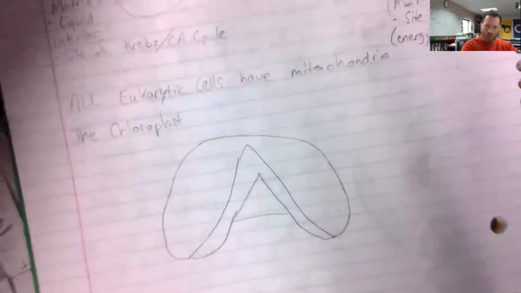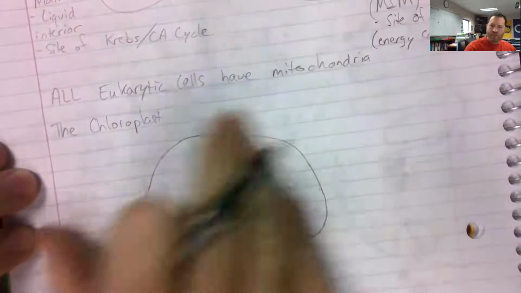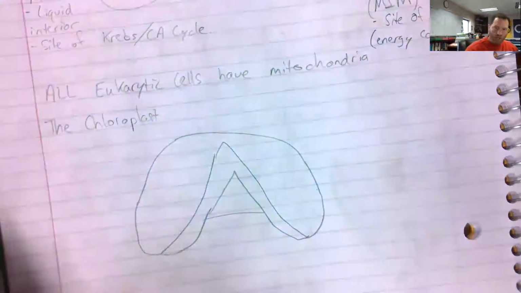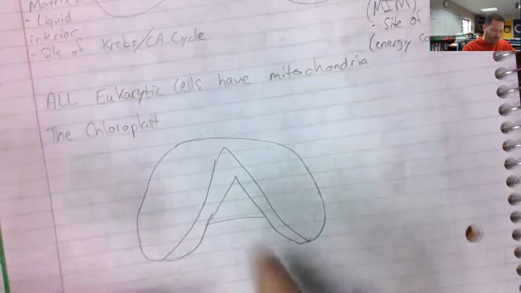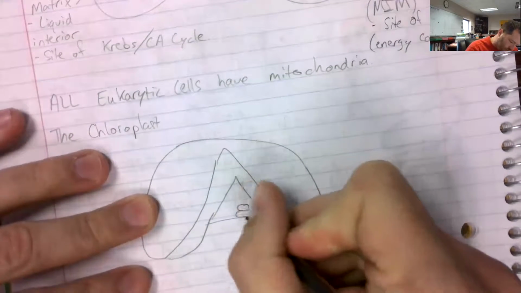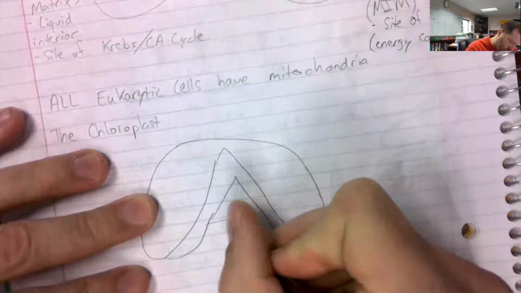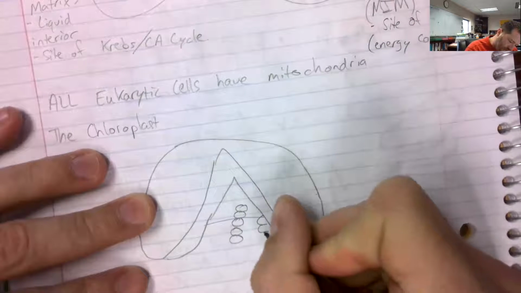Our chloroplast, what I'm trying to do artistically here, and I'm not doing a very good job, is I kept it whole, so it's kind of spherical. And I cut a wedge into it so we can look inside of it. And inside of it, we're going to see a whole bunch of, it almost looks like a stack of pancakes.